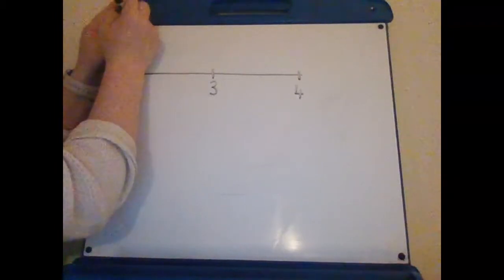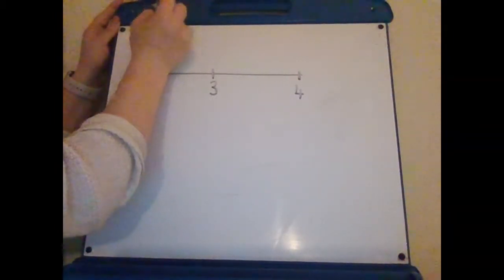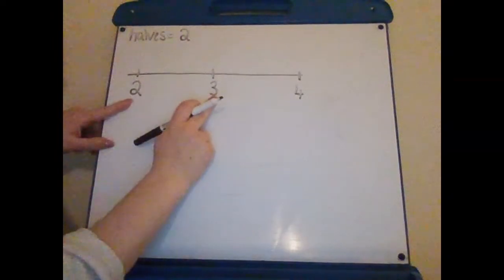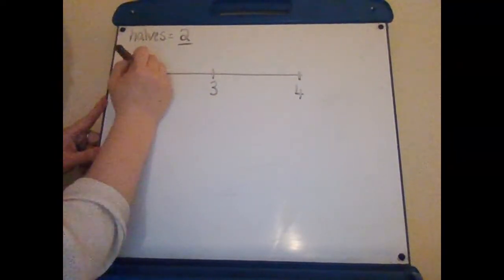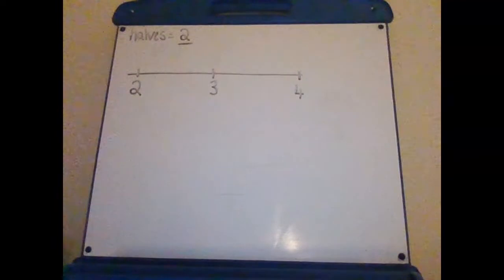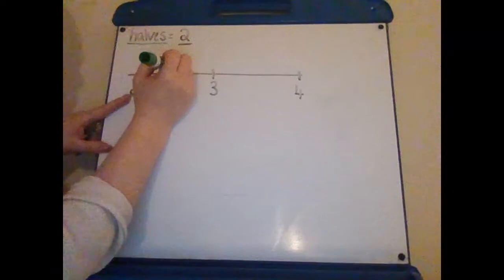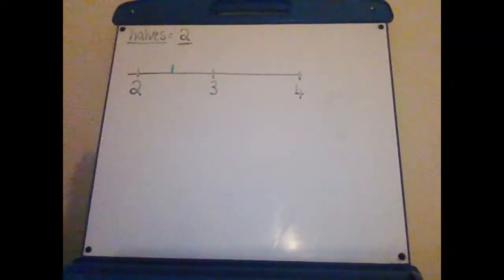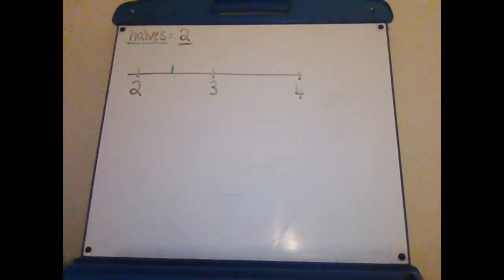All right, so if we split it up first into halves, that means from here to here, there needs to be 2 equal spots. I'm going to do the halves in green. 2 equal parts in the whole.